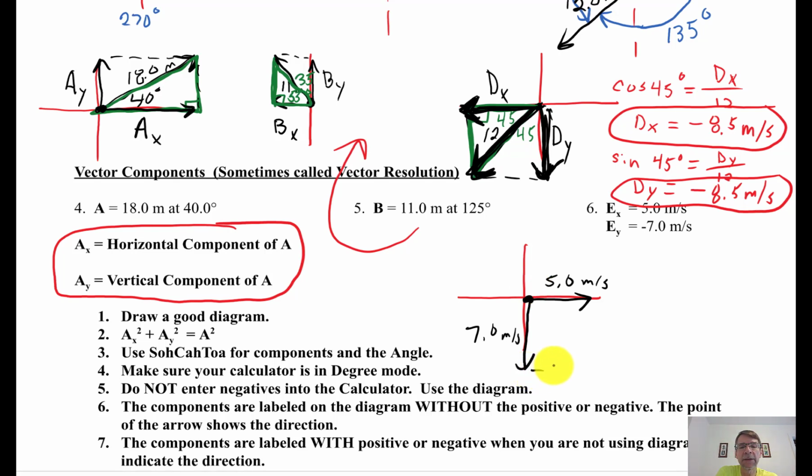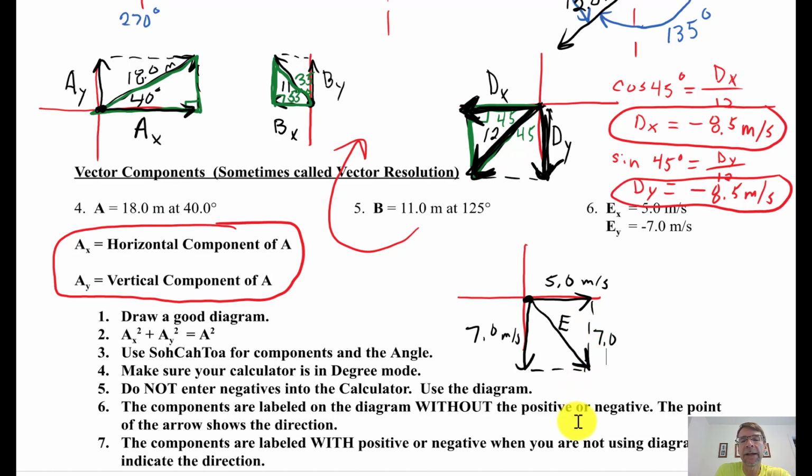So this problem would be saying, okay, what is the vector? Here's my 3 arrows once again. This is the opposite of the problems we just did. My vector would point down this way. So there's my vector, vector E. How do we figure out what vector E is? Well, use Pythagorean theorem. Or you could use sines and cosines, but the best thing is to use Pythagorean theorem, because once again, this is 7.0 over here. You can look at the triangle on the right. If I start at the origin, go to the right, go straight down, that's a right angle, and along this hypotenuse, that's the triangle I'm outlining.